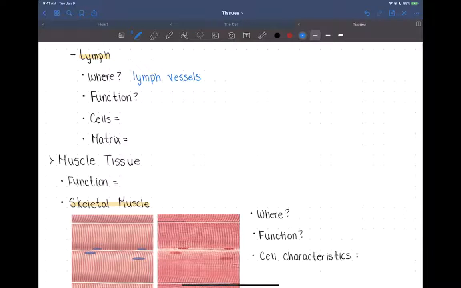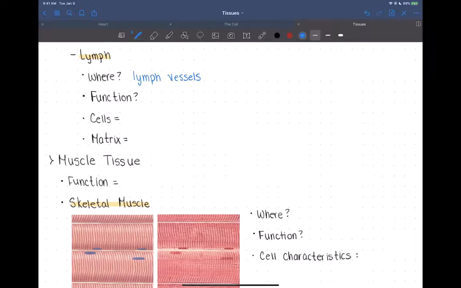If you've ever known somebody who has had edema, or if you stand for a really long time and maybe your feet swell up a little, that's because fluid is leaking out of your blood vessels and accumulating among your tissues. That fluid is called lymph. Your lymph vessels help to collect that, and they return it to your blood. So that's what lymph is: fluid that has leaked out from your blood vessels.